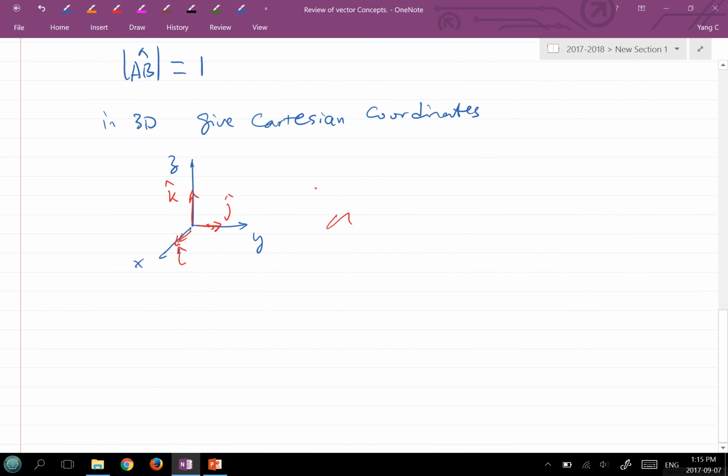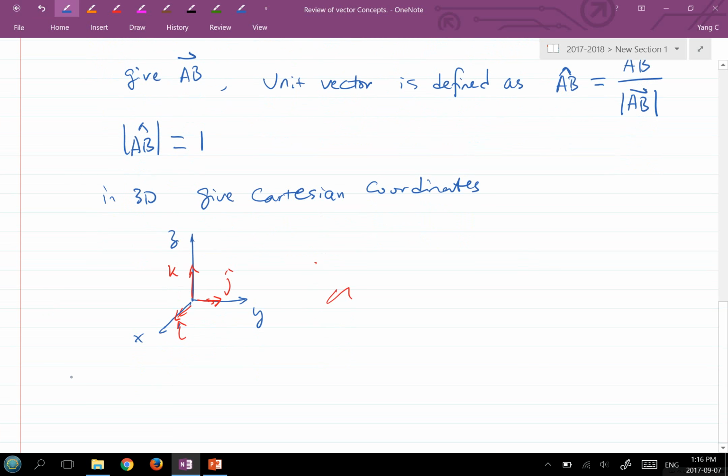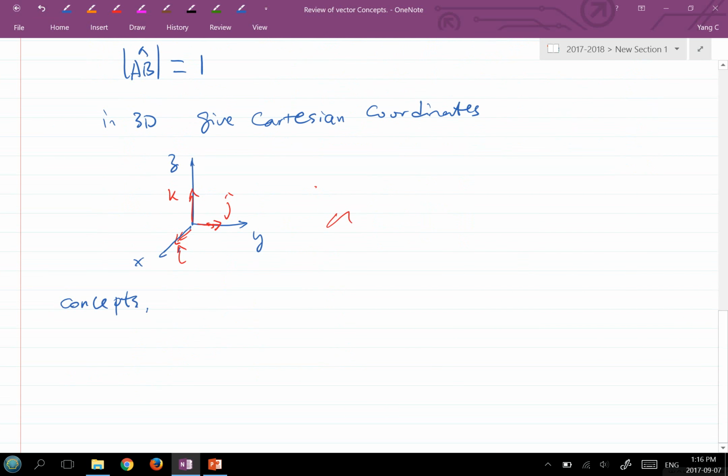Let's look at a few concepts and notations. First of all, let's look at the length again. How do we calculate the length or magnitude?